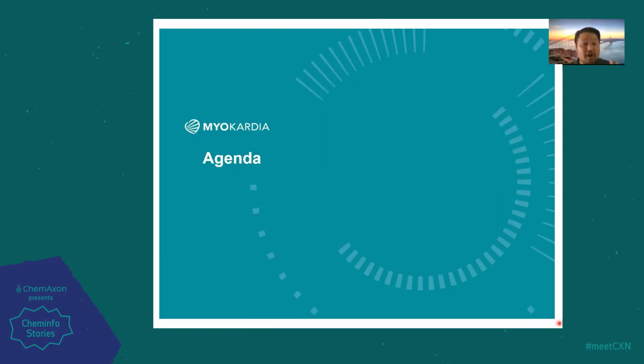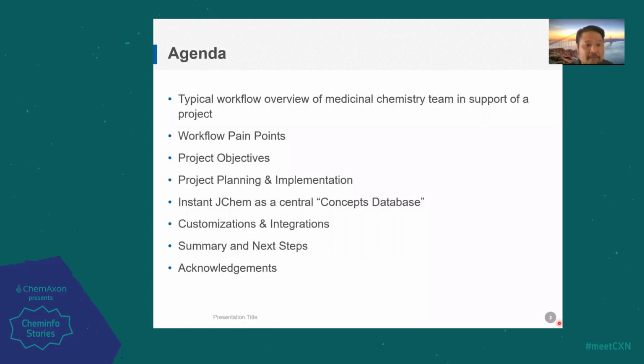Now that's a pretty small snippet and general overview of the drug discovery workflow, but for today, I'm happy to walk you through the outline here. MyoKardia's typical workflow within medicinal chemistry in support of a project, the pain points why we've embarked into this project, as well as the project objectives and how we chose Instant JChem as the central repository for the concepts database.